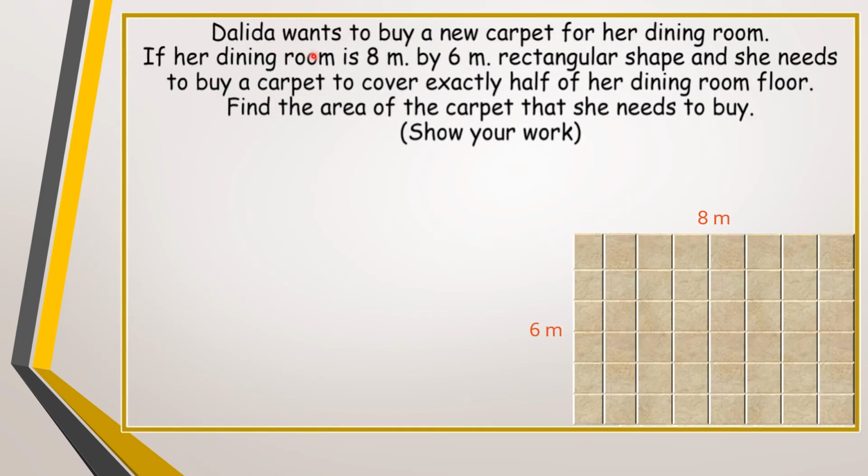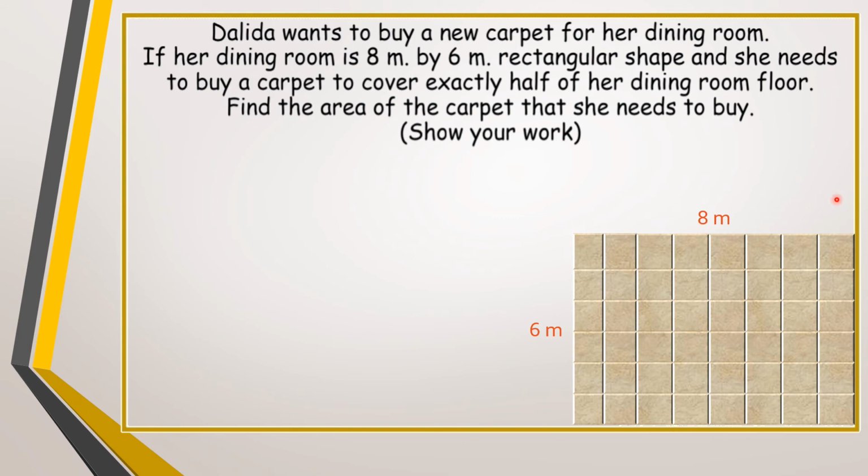Okay, Dahlia wants to buy a new carpet for her dining room. Her dining room is 8 meters by 6 meters, rectangular in shape. And she needs to buy a carpet to cover exactly half of her dining room. Find the area of the carpet that she needs to buy.